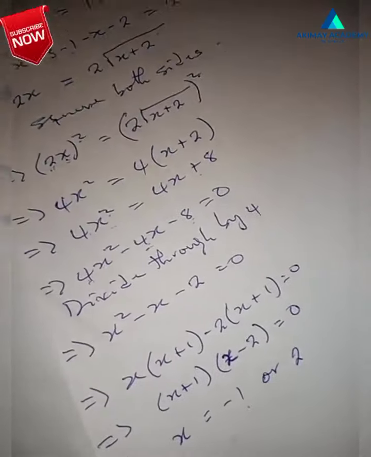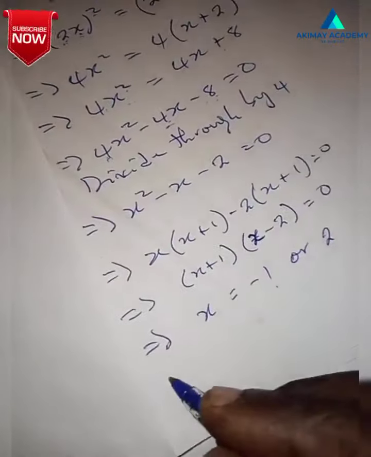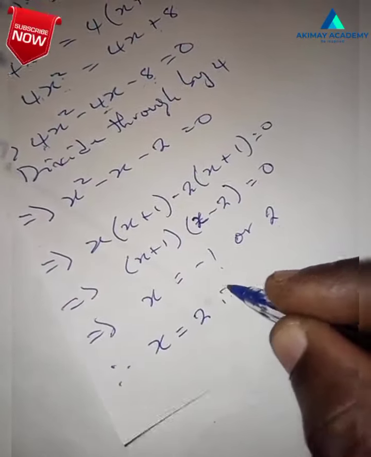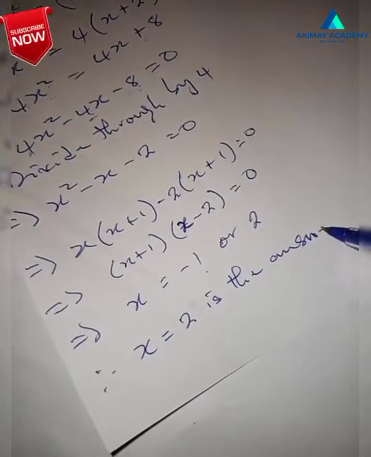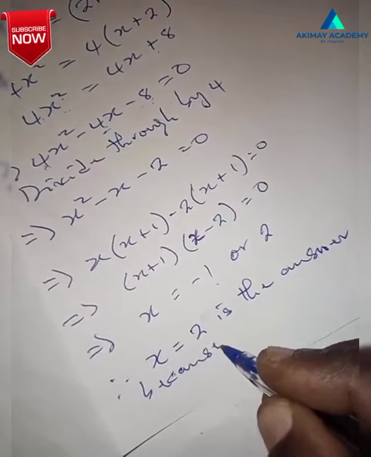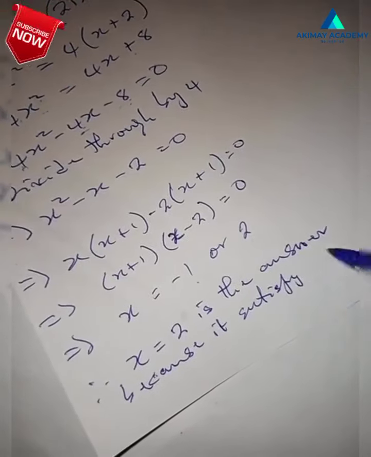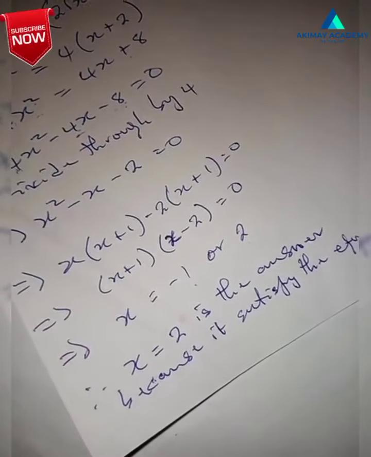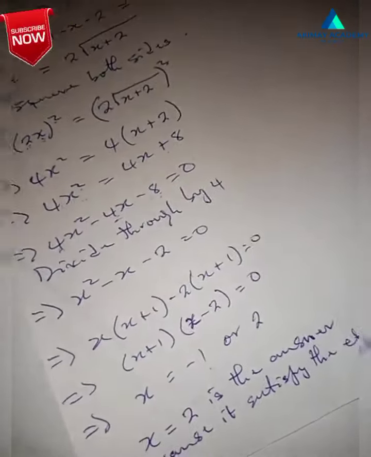So you just state it nicely. Therefore x equals 2 is the answer because it satisfies the equation, whilst x equals minus 1 is not an answer because it does not satisfy the equation.